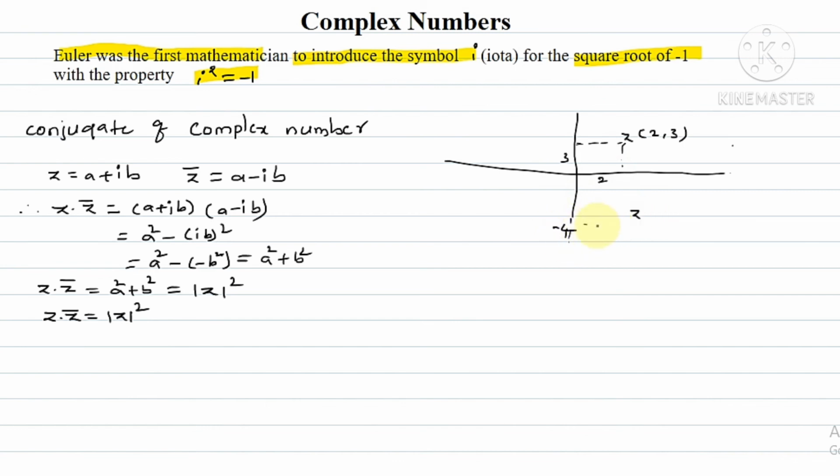Negative 4 means this point represents z bar, where the x value is positive, that is 2, and the y value is negative, that is minus 4. So this is called the opposite direction, in the case of iota negative. So this is the positive direction and this is the negative direction of the complex numbers. Okay, this is the conjugate of the complex number.